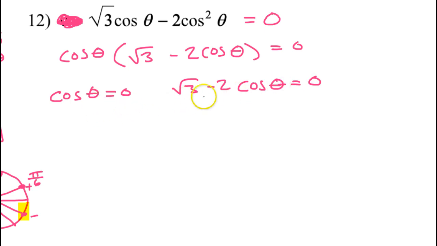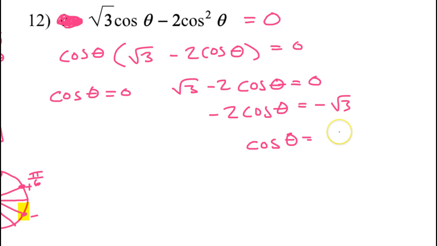So I think I'm going to solve this one over here on the right first. So subtracting radical 3 from both sides will give me negative 2 cosine theta is equal to negative radical 3. Dividing both sides by negative 2 will give me cosine theta is equal to positive radical 3 over 2.